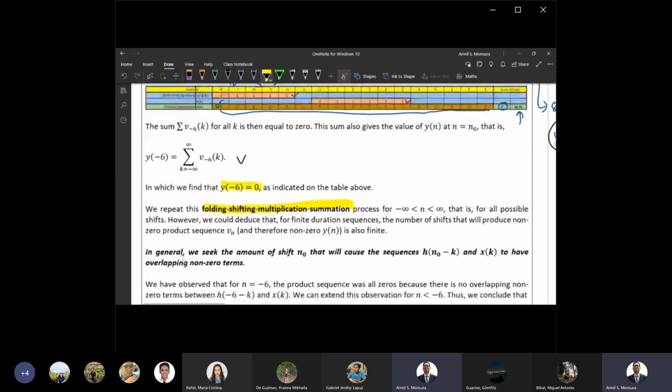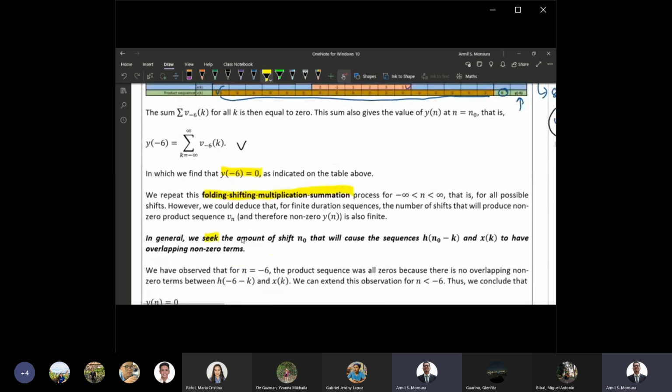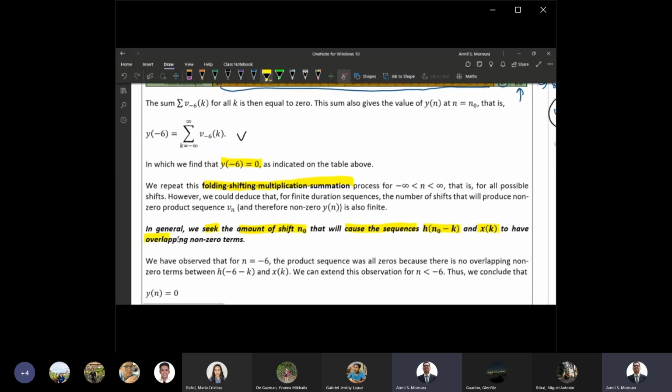Okay, so ito yun. In general, we seek the amount of shift n0 that will cause the sequences h and k to have overlapping non-zero terms. Yan.